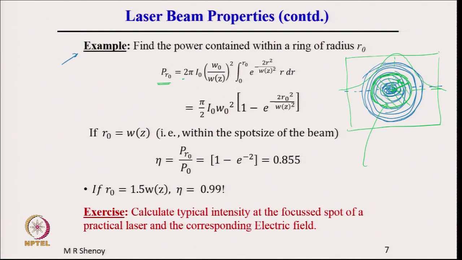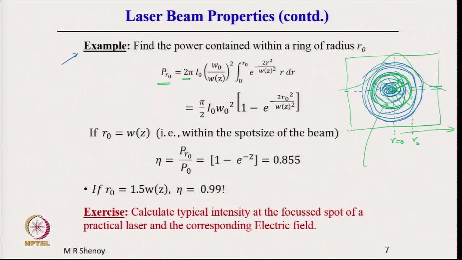This 2 pi has come from integrating 0 to 2 pi d theta, and this is 0 to r 0 instead of infinity. The total power means, I am repeating this, r is equal to 0 to infinity, integrating over the entire cross section. But now, we want from r is equal to 0 up to some radius r 0.